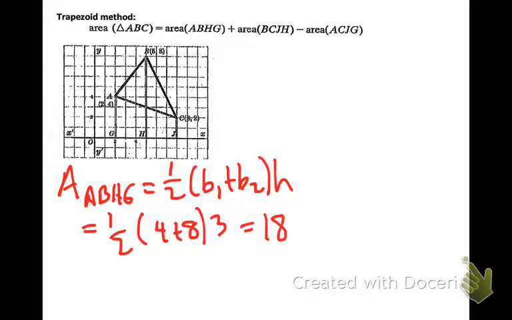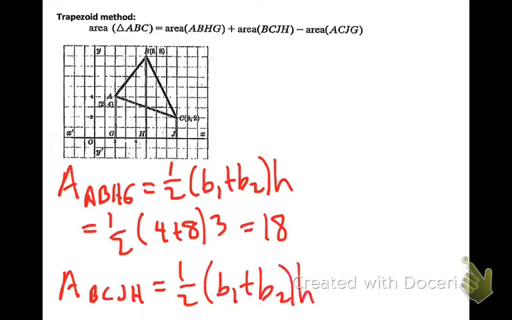Then we do the area of BCJH. It equals 1/2 base 1 plus base 2 times the height. So that's going to equal 1/2. What's one base for that, Nick? 8. What's another base? Ben? 2. Height is what?